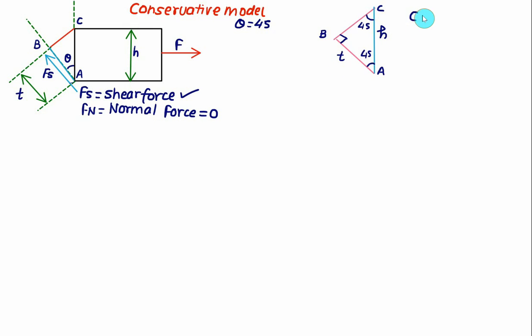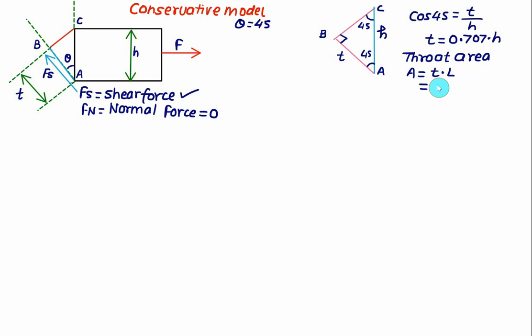So we have cos of 45 equal to the adjacent value T divided by the hypotenuse H. In that case I will get the throat thickness equal to H into cos 45, which is 0.707 multiplied by H. So we have the throat area, represented by A, equal to T multiplied by the length of weld.